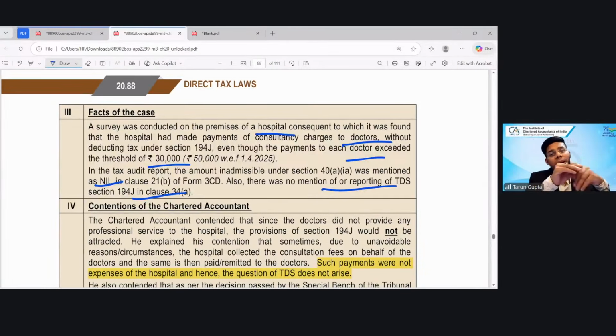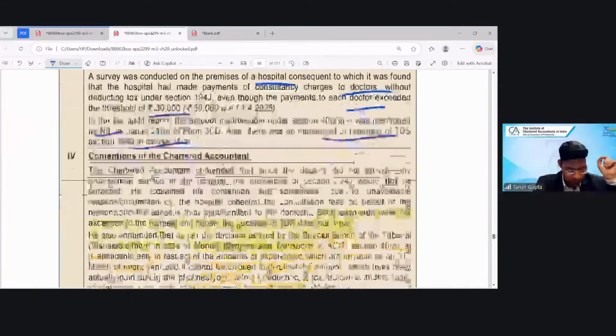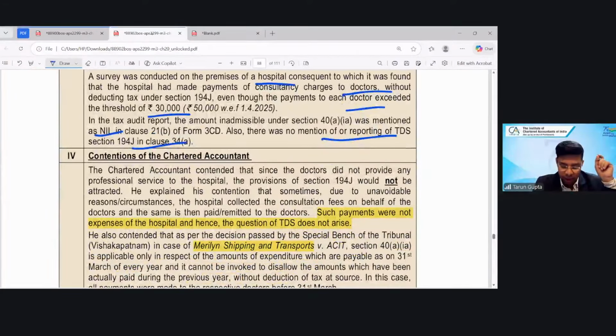Now, the question is whether the CA is guilty of professional misconduct. But when an opportunity was given, the CA said that the payment to the doctor did not amount to expenditure as it was collected from the patient and given to the doctor. So it was not treated as expenditure, and therefore the question of deducting TDS does not arise.